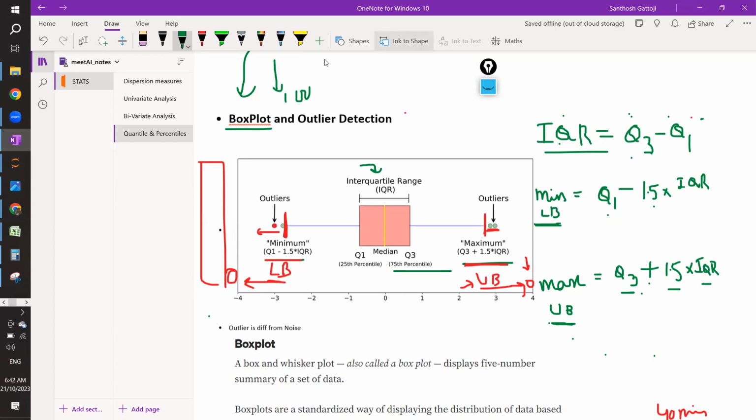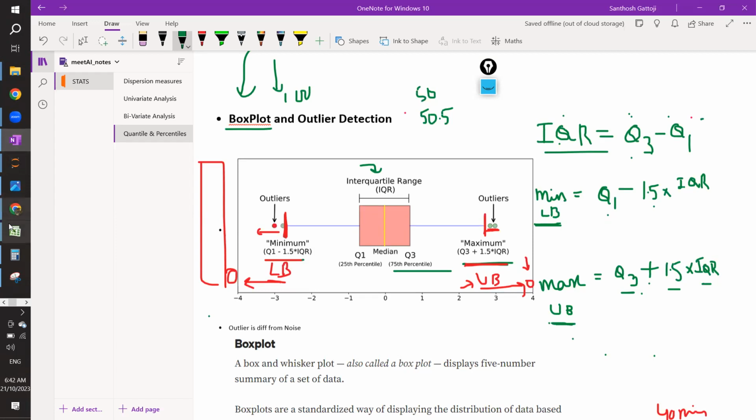One important point I mentioned yesterday is that all the values you see here, Q1, Q2, Q3, and mainly the lower bound and upper bound, need not actually be present in the given data set. Sometimes they might be decimals. If you have 50, the Q1 might be 50.5.